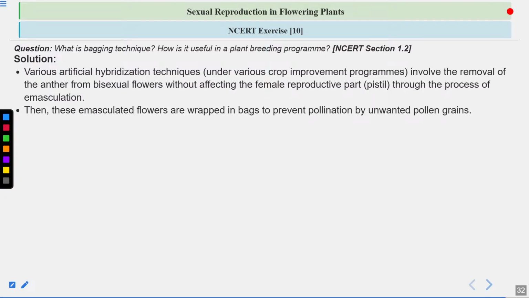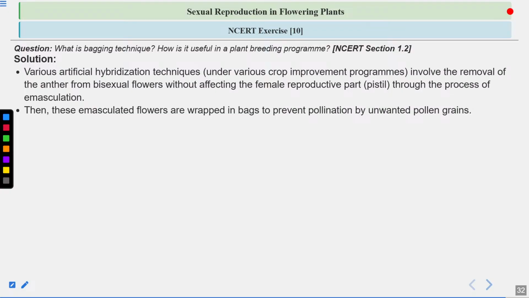Then these emasculated flowers are wrapped in a bag to prevent pollination by unwanted pollen grains. Now this flower has only the female part. You will cover it with a bag, and your bag should be made up of butter paper. Why are we protecting this female flower with a butter paper bag?